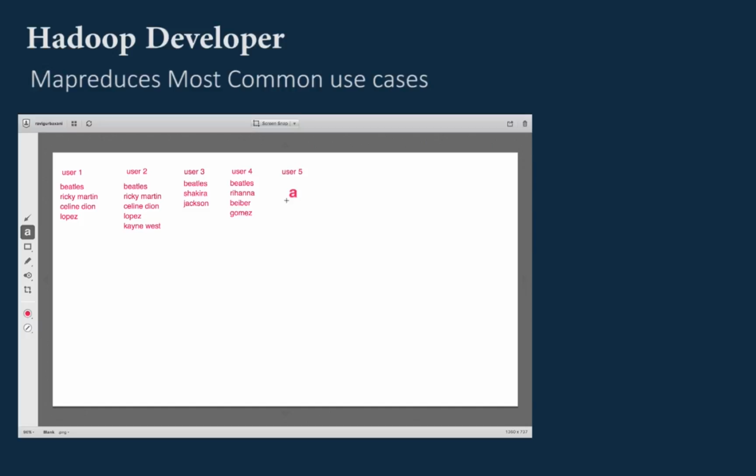And user 5 is just new to the system, so we are supposed to recommend music to user 5. Based on the location and other preferences, it looks like user 5 is most similar to user 1 and 2.